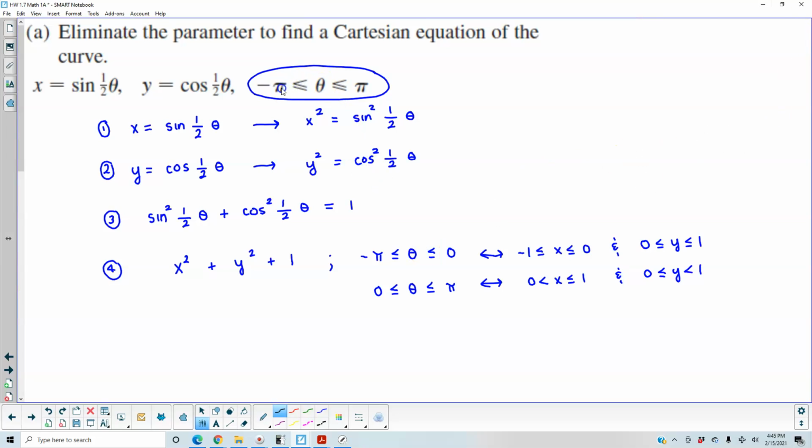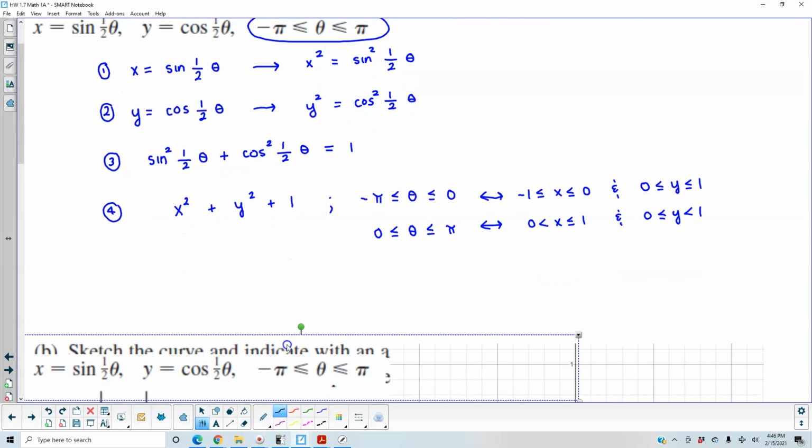So what that means is if it's going from negative pi to pi, that's going to probably look like a semicircle. So now let's take a look at part B.